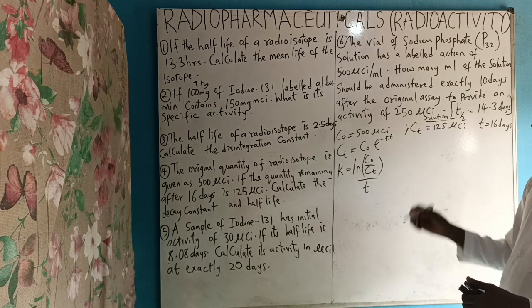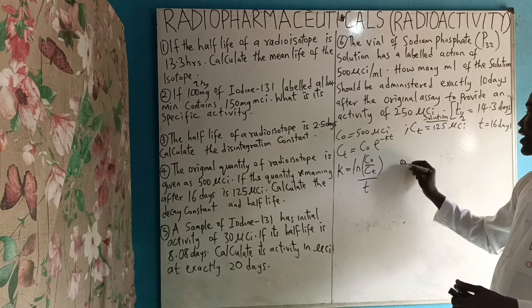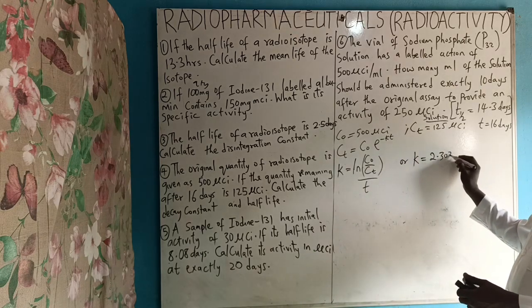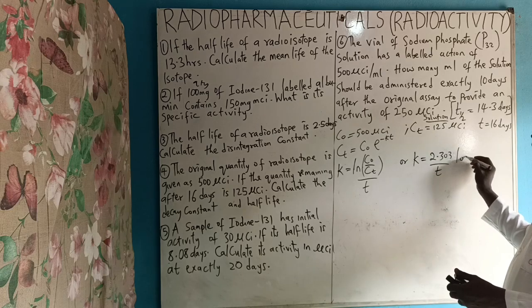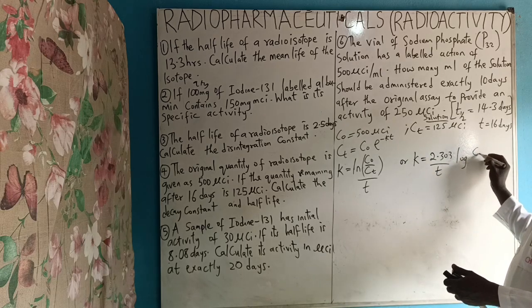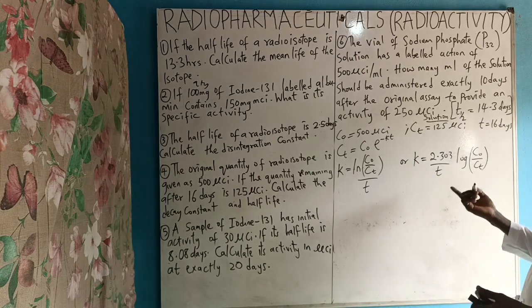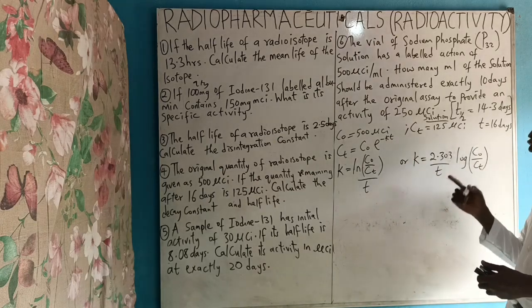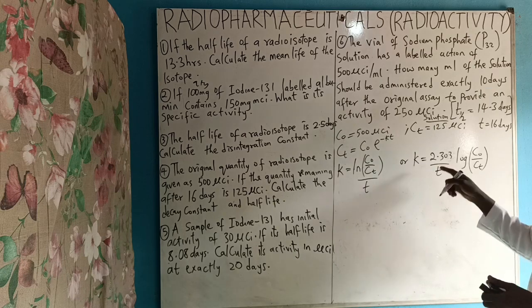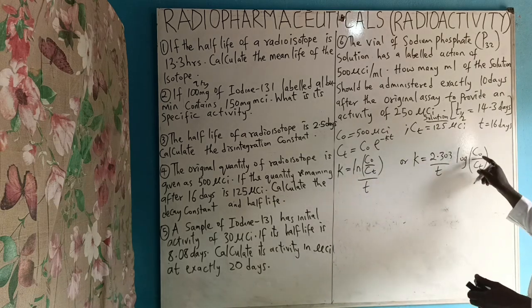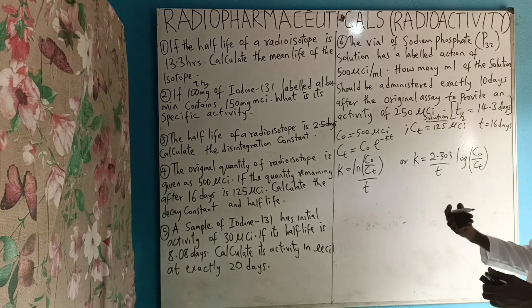We have made K the subject of the formula from this formula. One can also say that K is equal to 2.303 all over time, log CO over CT. That tells you that 2.303 log is equivalent to ln, so they are the same thing.